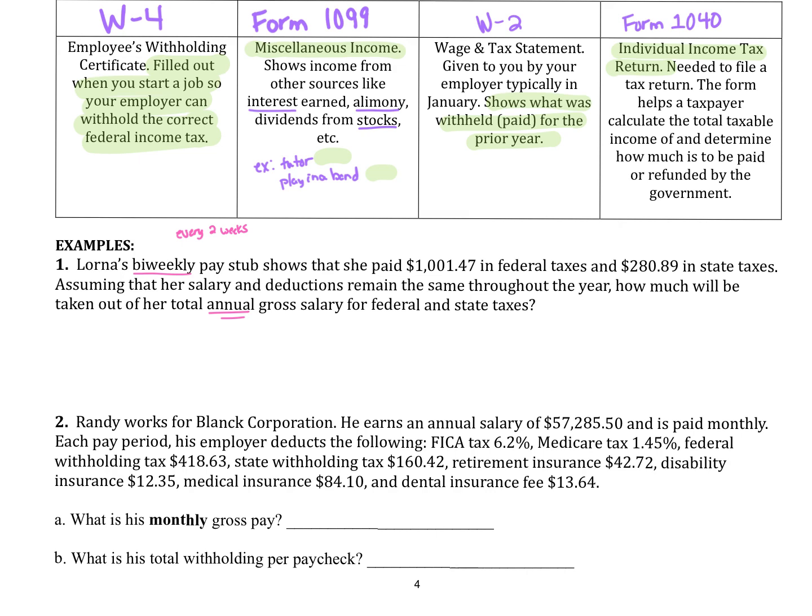So in this particular case, we're gonna take these two amounts, plus the 280.89. Those are the amounts that are taken out every 2 weeks. So if you think about it, that means we would have to multiply by 26, right?